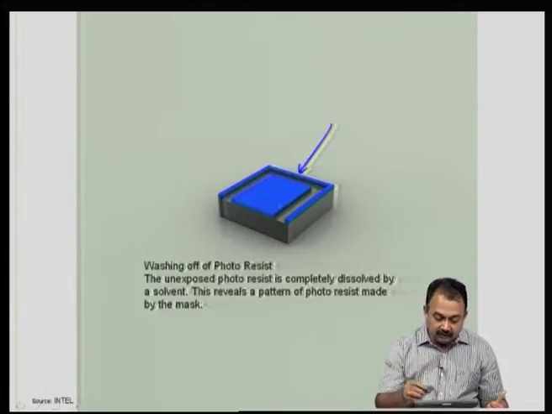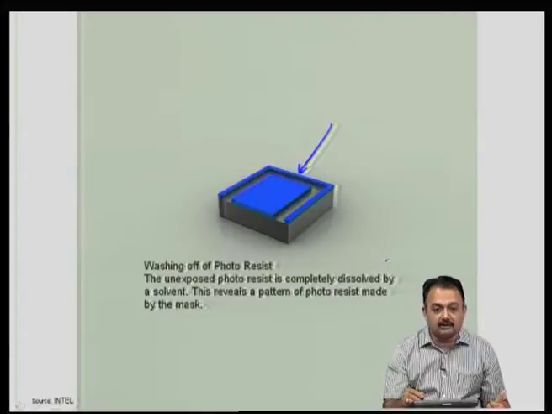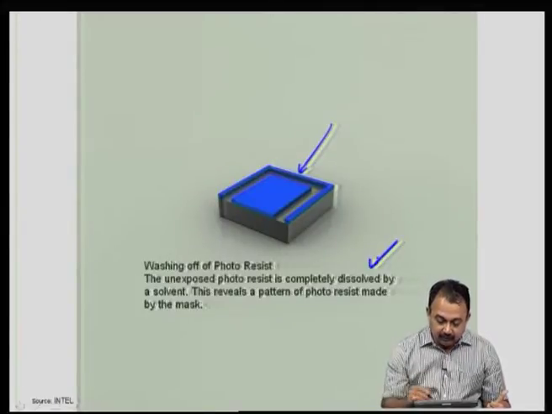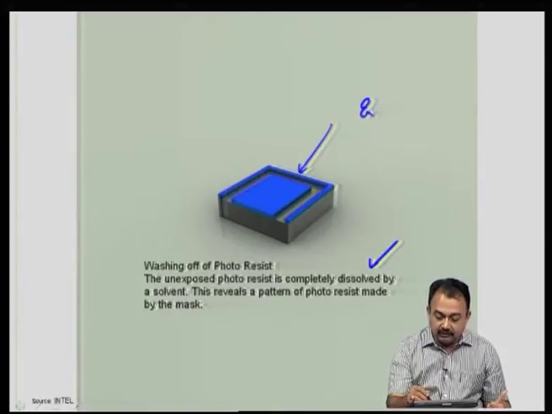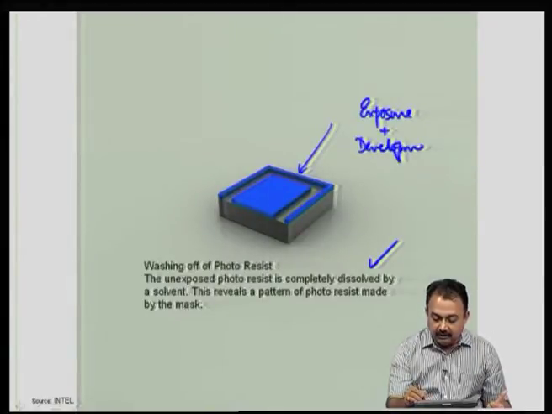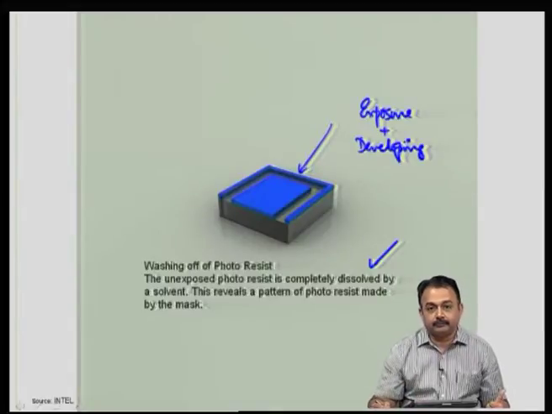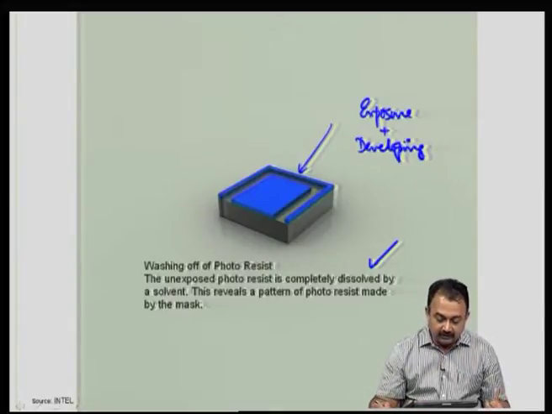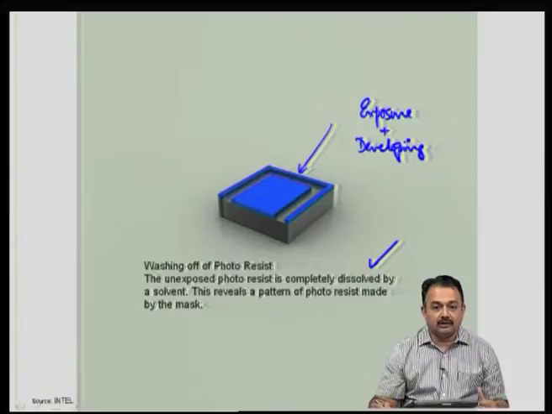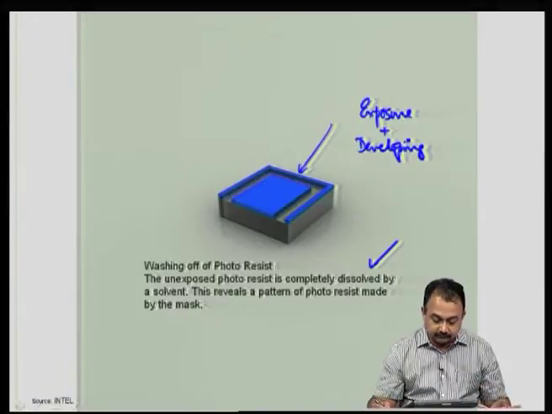Now, the unexposed photoresist is completely dissolved by the solvent. So, this process of exposure plus developing will give you a completed image. This reveals a pattern of the photoresist made by the mask.